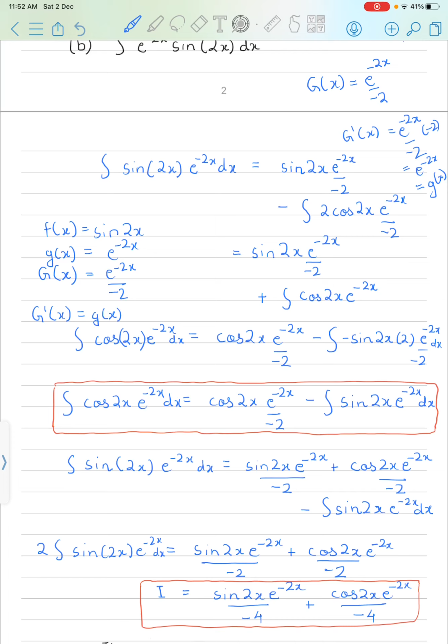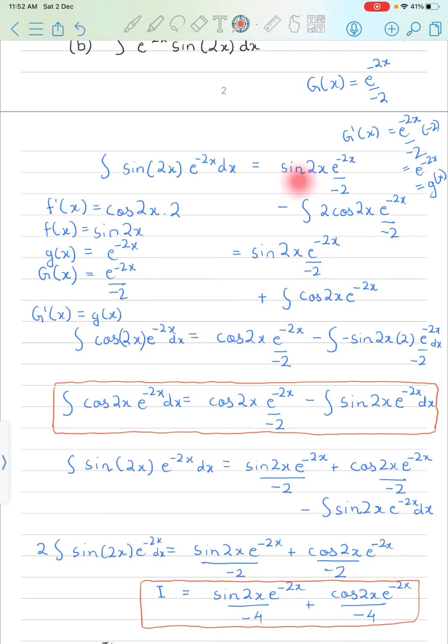I have to find f dash x. F dash x will be cos 2x, I'm using the chain rule. Okay, cos 2x, then the differentiation of 2x, which will be 2. Okay, so now you can put it in the formula of integration by parts.